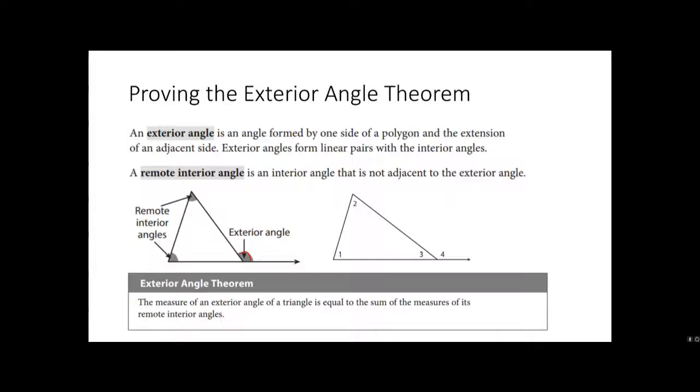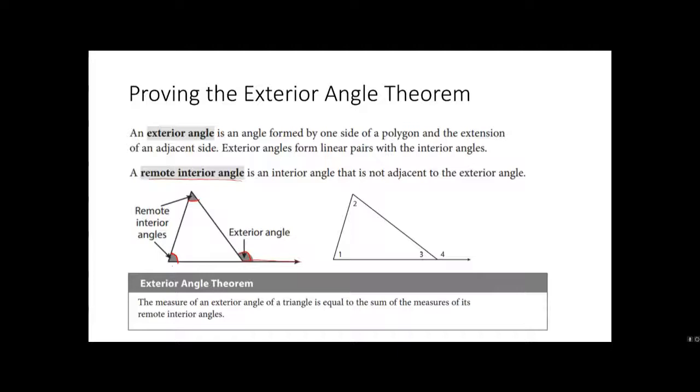The exterior angle is on the outside, created by an extension. A remote interior angle is an interior angle that is not adjacent to the exterior angle. So basically, it's not next to it, it's over here on the remote side of the exterior angle.